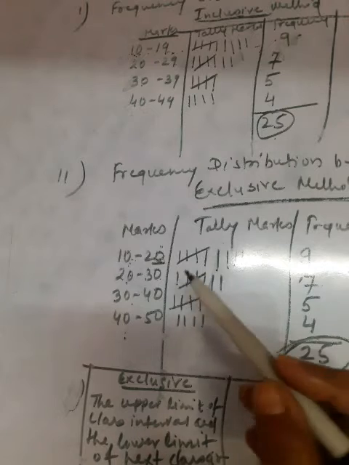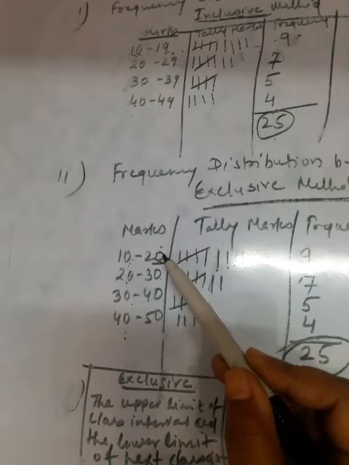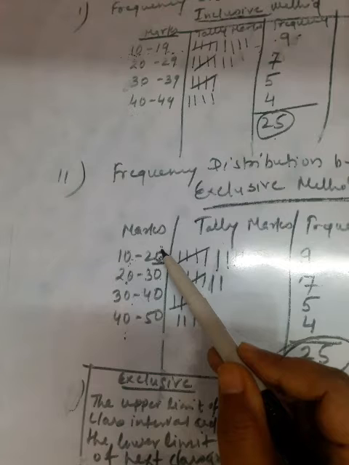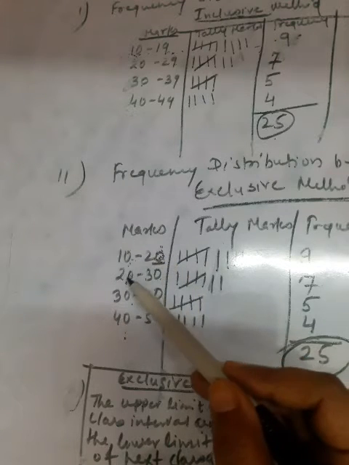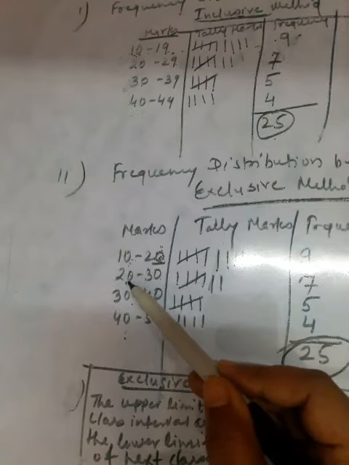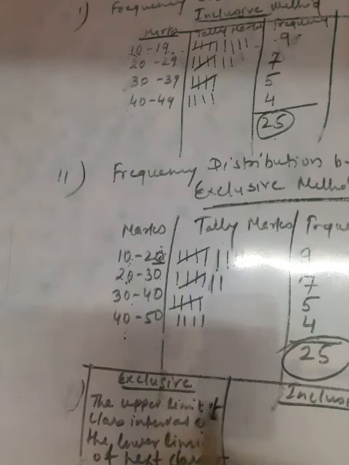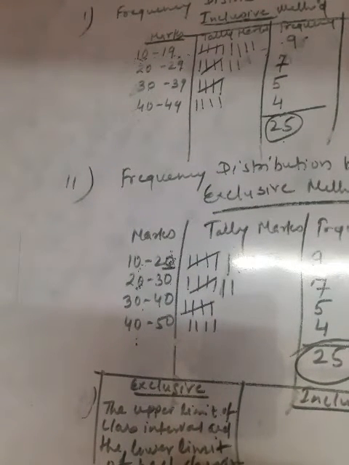Here you can see the upper limit of a class interval and the lower limit of the next class interval are the same. That is in the exclusive series. And in the inclusive method, the upper limit of a class interval and the lower limit of the next class interval are different.